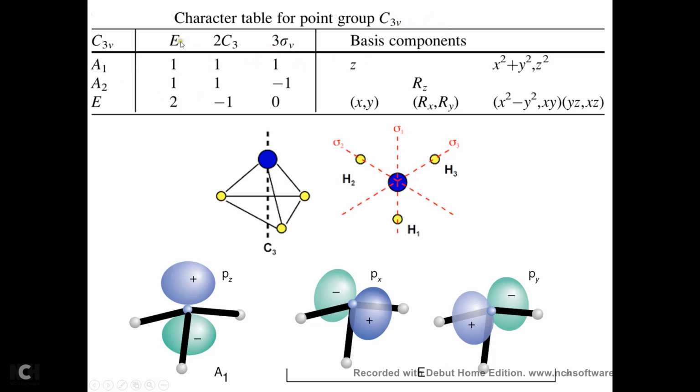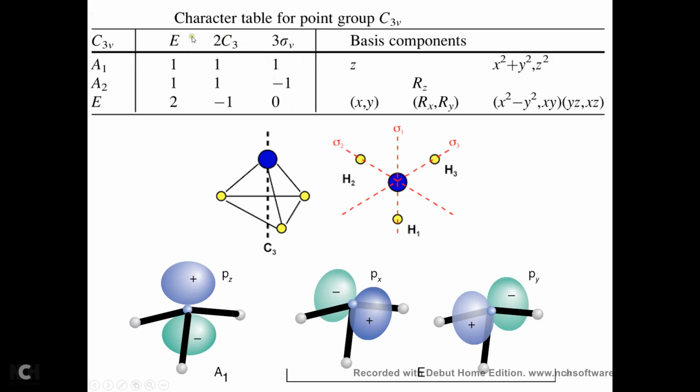And now let's look at the operations. Again, there are 3 columns, but 6 symmetry operations. The reason is C31 and C32 are put together as one class. This is one class, and this is another class. So now you can tell there are 1, 2, 3 classes.